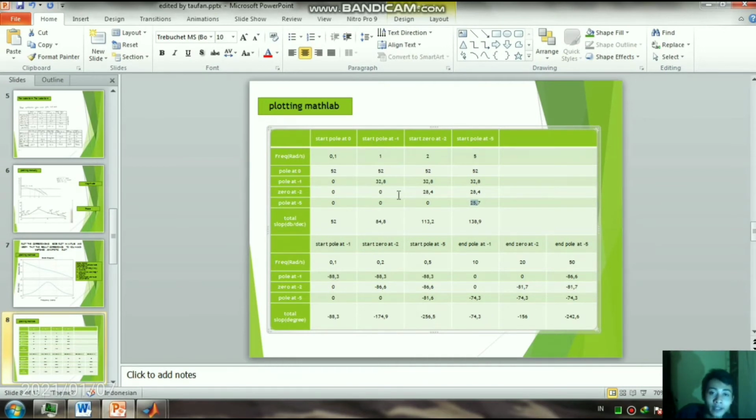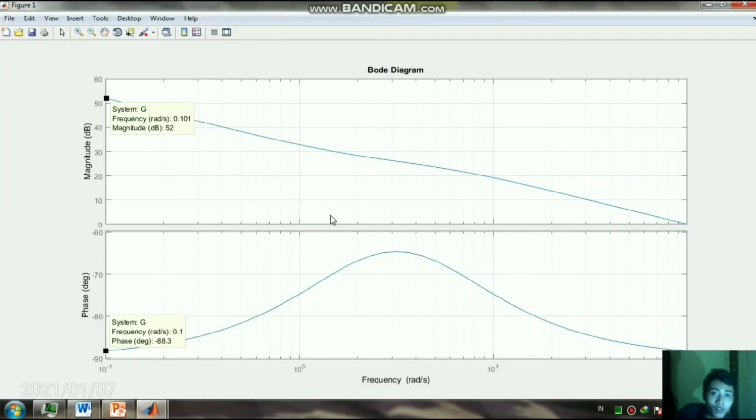We can get this result from this result.